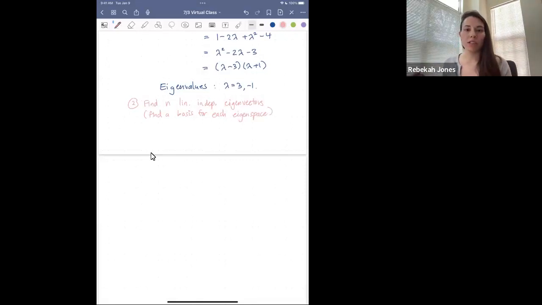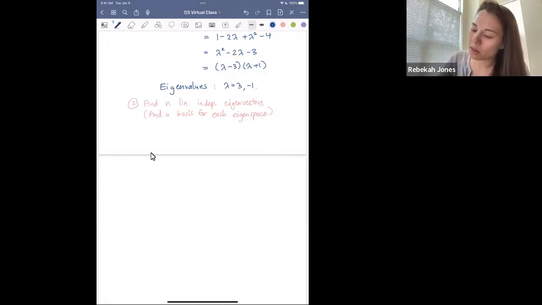Since we know that we have these two distinct eigenvalues, we should get one vector in each basis, and those will form the columns of P. I'm going to start with lambda equals -1, just going in consecutive order.